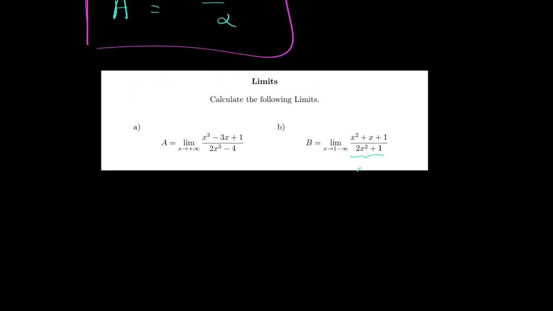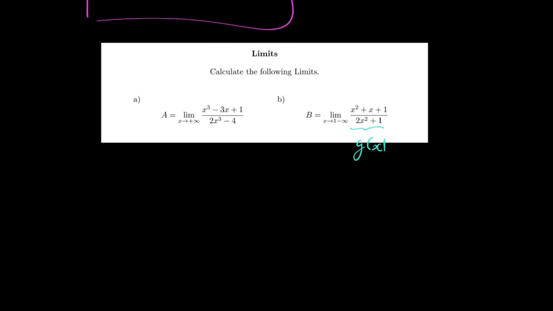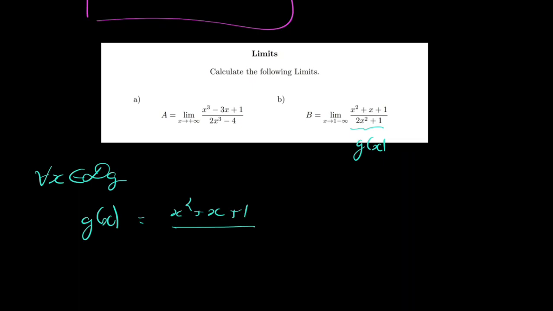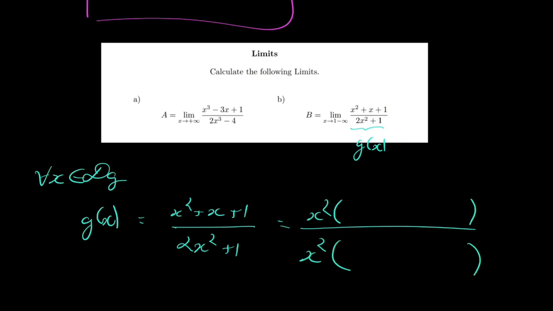Same thing, so let's call this g of x. For all x in the domain of g, g of x is equal to x squared plus x plus 1 over 2x squared plus 1, which is equal to, we factorize by the highest term at the top and at the bottom, x squared times what?